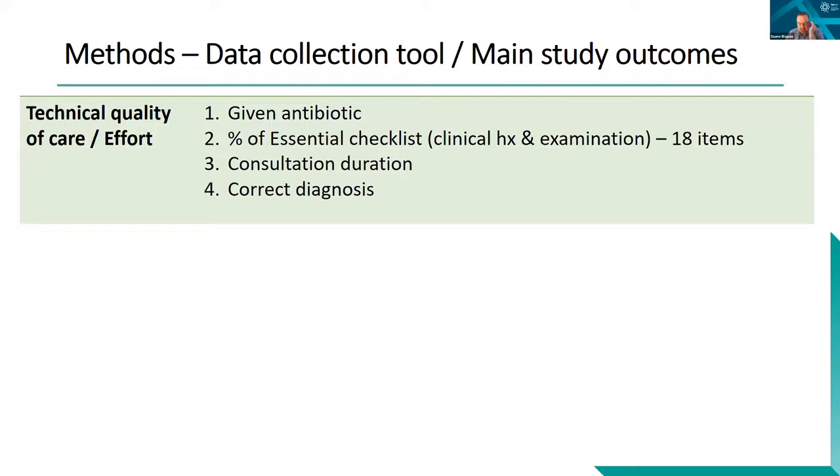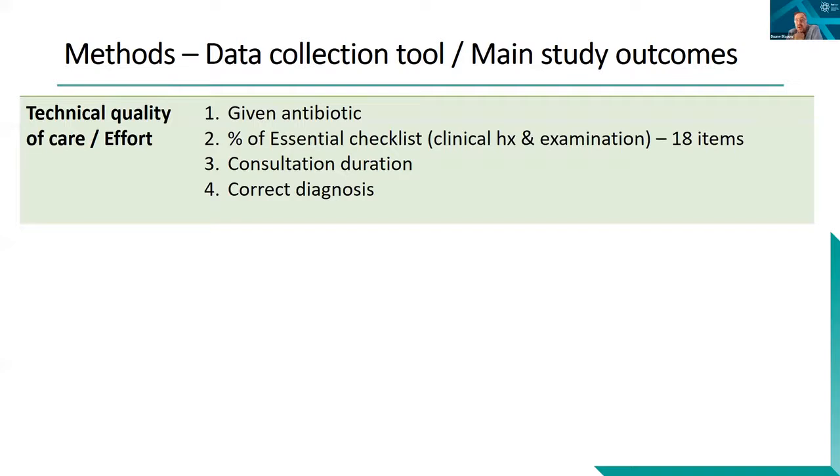This table just summarizes the main outcomes that we were investigating in the study and the data collection tools that we used to get these outcomes. In terms of the technical quality of care or effort, obviously we're interested in whether or not the SP patient got an antibiotic, but we also used a checklist of the 18 essential items on history and examination and checked the performance of the providers against that.